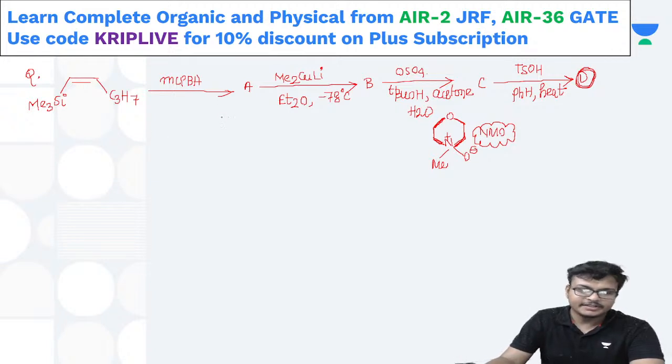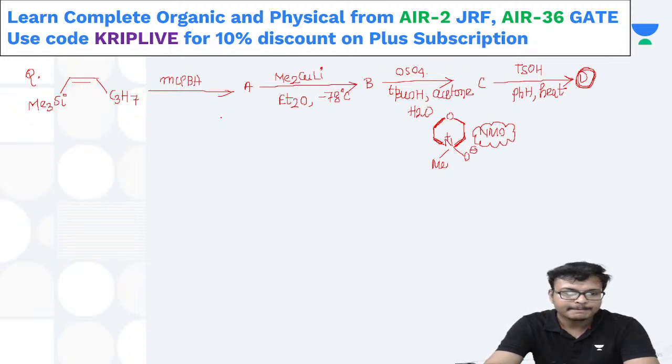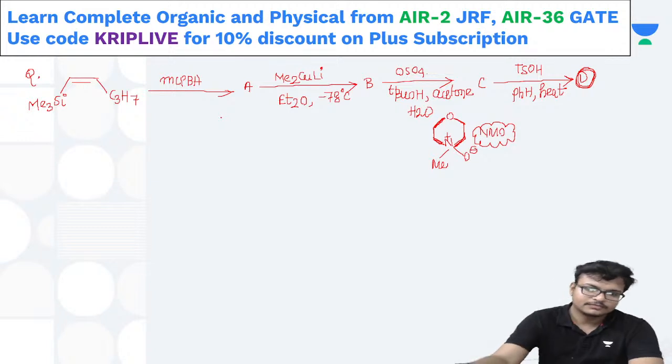Dekho, in this particular scenario, if you solve this question, it involves a lot of important reactions. सारे के सारे important reactions एक ही जगह पे हैं ना. So everyone try this question and give me the correct answer. No, the slide is clear, Vaishnavi.